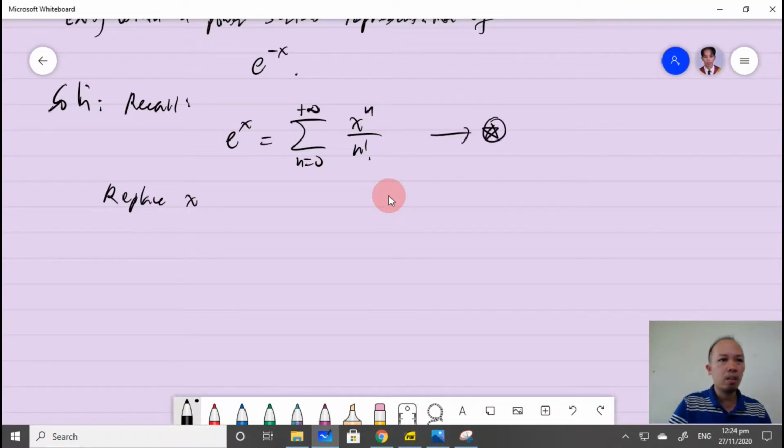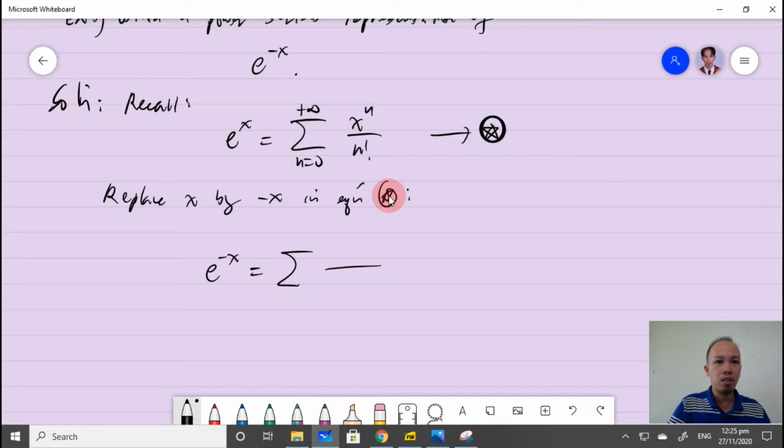Now replace x by negative x in equation star. So we have e to the negative x equals the summation of negative x to the n over n factorial, where n starts from 0 to positive infinity.